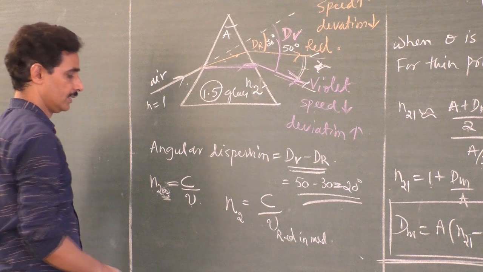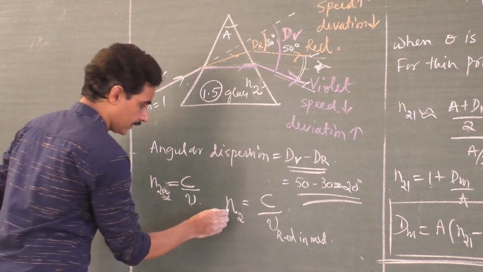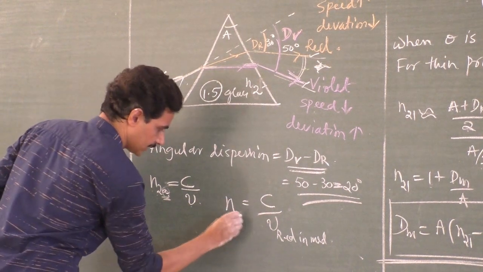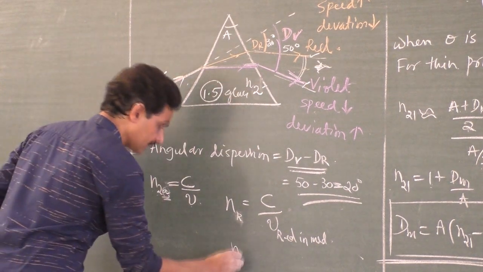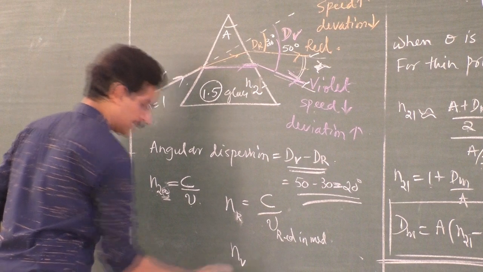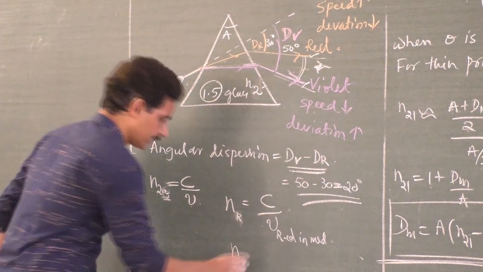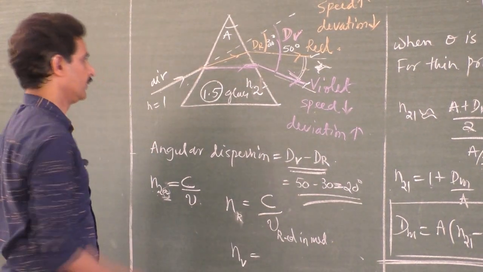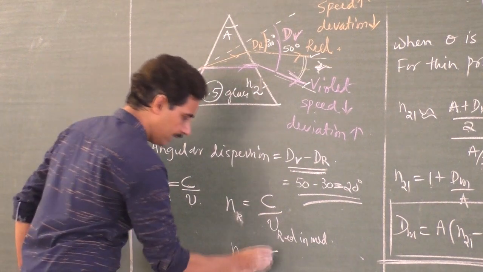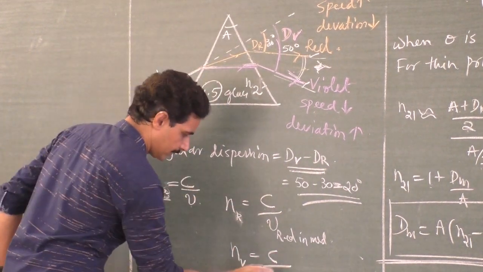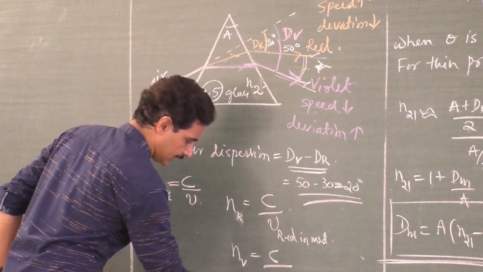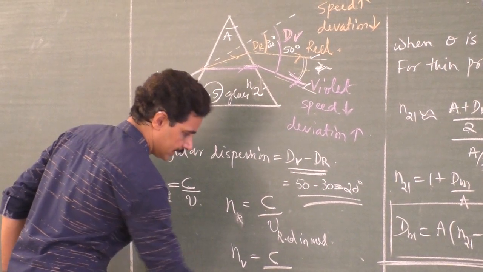So I will write refractive index of that medium with respect to red color. You ask violet color: refractive index of the same medium with respect to violet color. Violet color will say, sir, refractive index of that medium is my velocity in air, that is C, all colors travel at the same speed, divided by my velocity, that is velocity of violet in the medium.